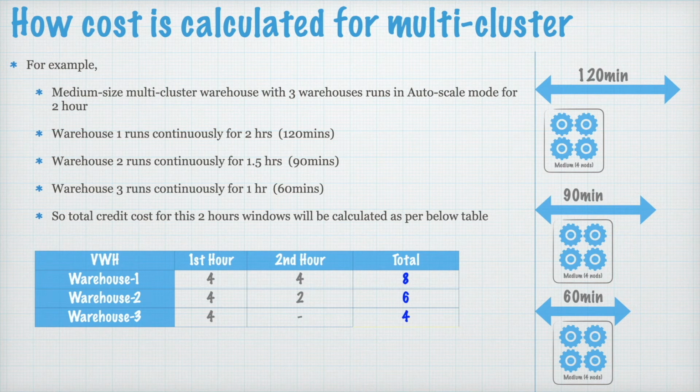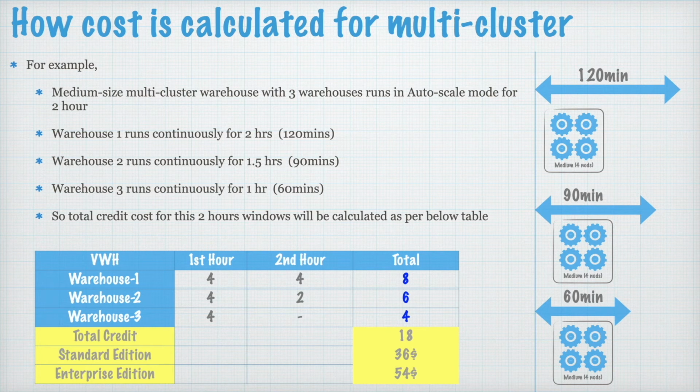So the total credit for this multi-cluster virtual warehouse arrangement would be 18 credits. If you have the standard edition, as per the current Snowflake pricing model, it will cost you $36, and for the enterprise edition, it will cost you $54. So this is how the overall multi-cluster virtual warehouse cost is calculated, and it also follows the per second billing model. Let's understand the virtual warehouse workload and how it works.